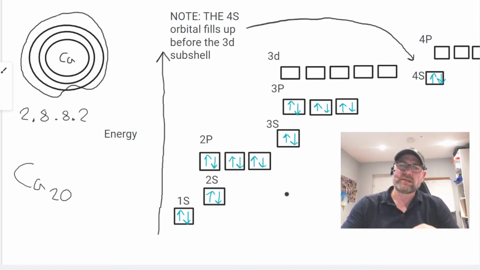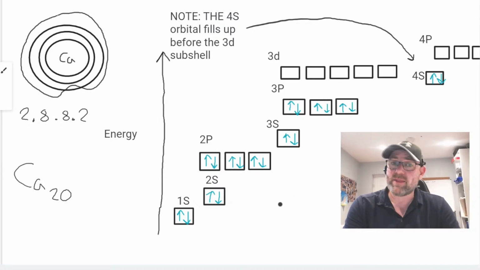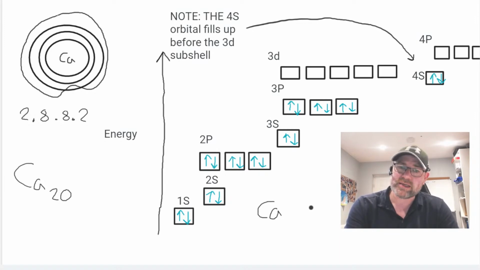What you will be asked is something like, give the full electronic structure for calcium. The subshell notation for calcium is as follows: 1s2, 2s2.